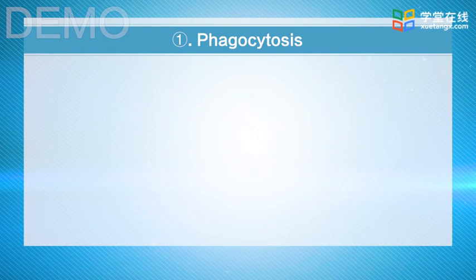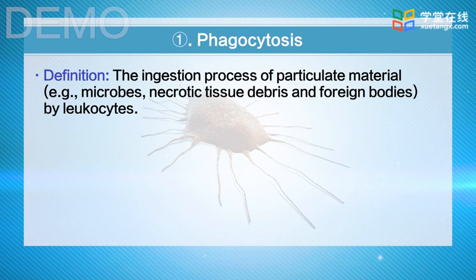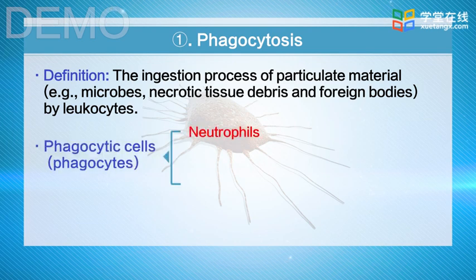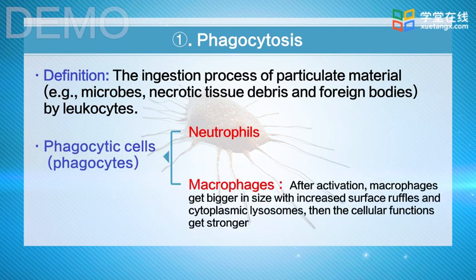Phagocytosis is an important defensive function of the body. It embraces the ingestion process of particulate material by leukocytes. Neutrophils and macrophages are the most important phagocytes. Circulating monocytes enter the tissue and then differentiate into macrophages.